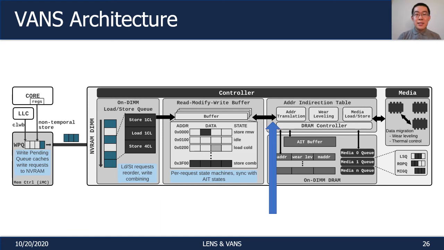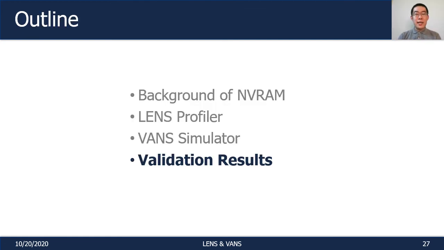There is an address indirection table stored in on-DIMM DRAM that handles the wear leveling and address remapping. There is an AIT data buffer stored in on-DIMM DRAM, which we refer to as the L2 buffer in the previous slides.